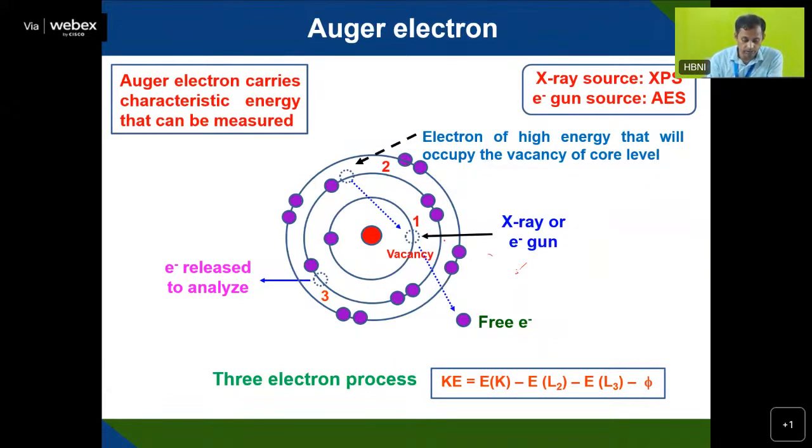Here you can see this is the one place, and the electron is released to analyze. The electron of high energy occupies the vacancy of the core level, then the electron jumps here and the excess energy comes out. So the X-ray source is used in XPS, whereas the electron gun is mainly used in AES.